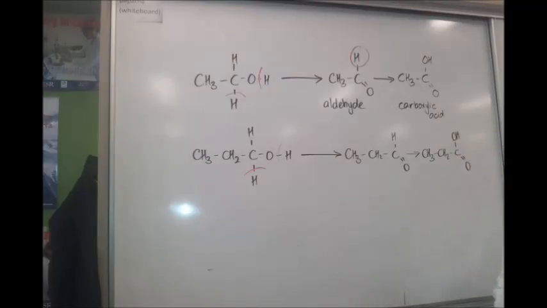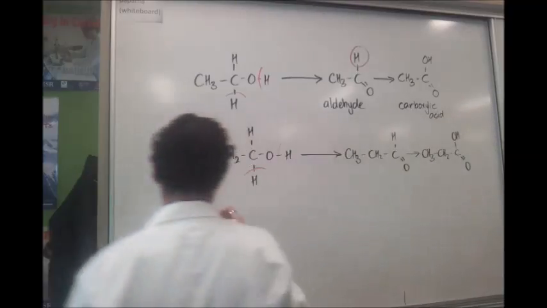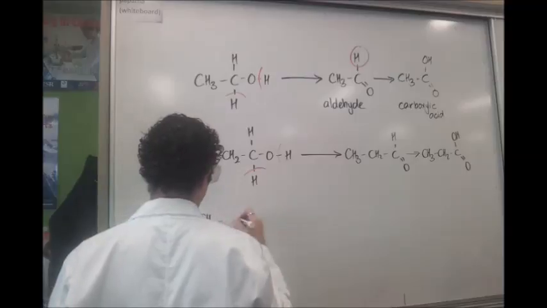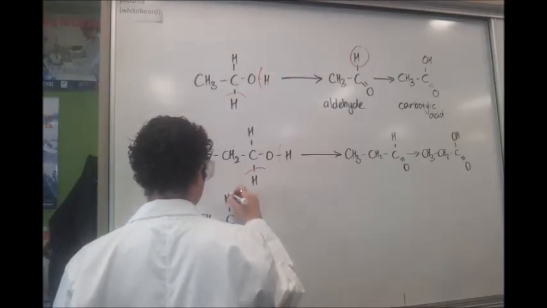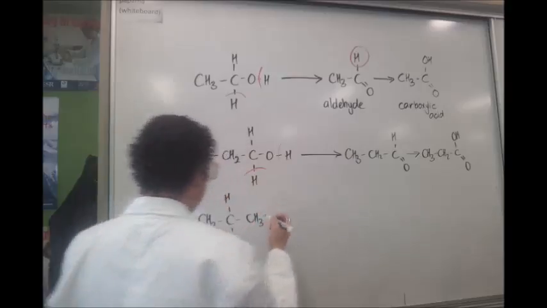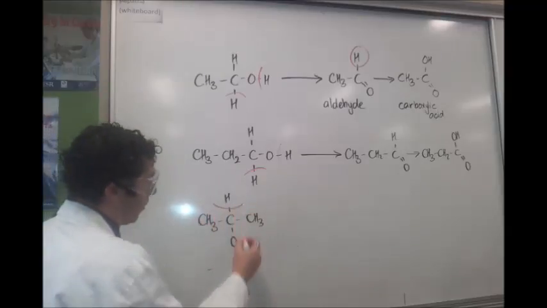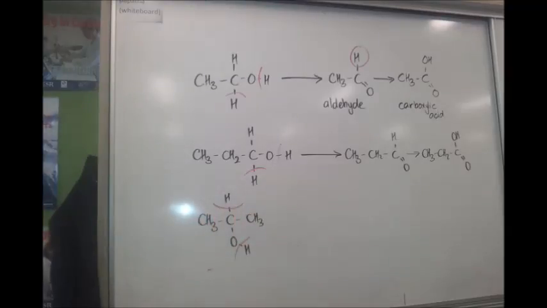Now, if, however, we had propane-2-ol, it's a little bit different. So let's look at that. Here's propane-2-ol. Can I take 2 hydrogens off like I did here, in the same way? Yeah, I can take one off there and one off there to make that double bond around the carbon.